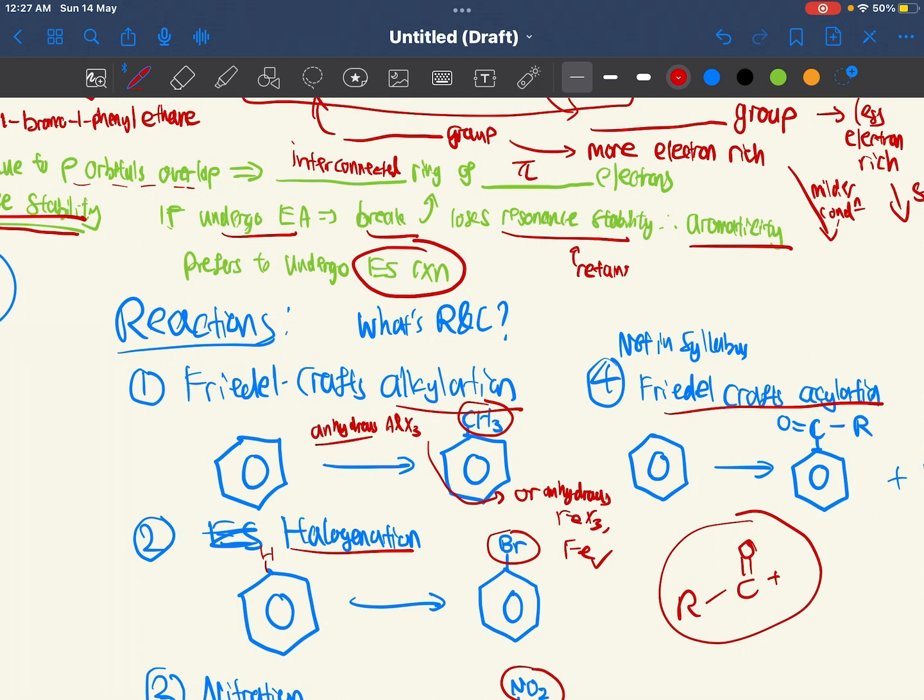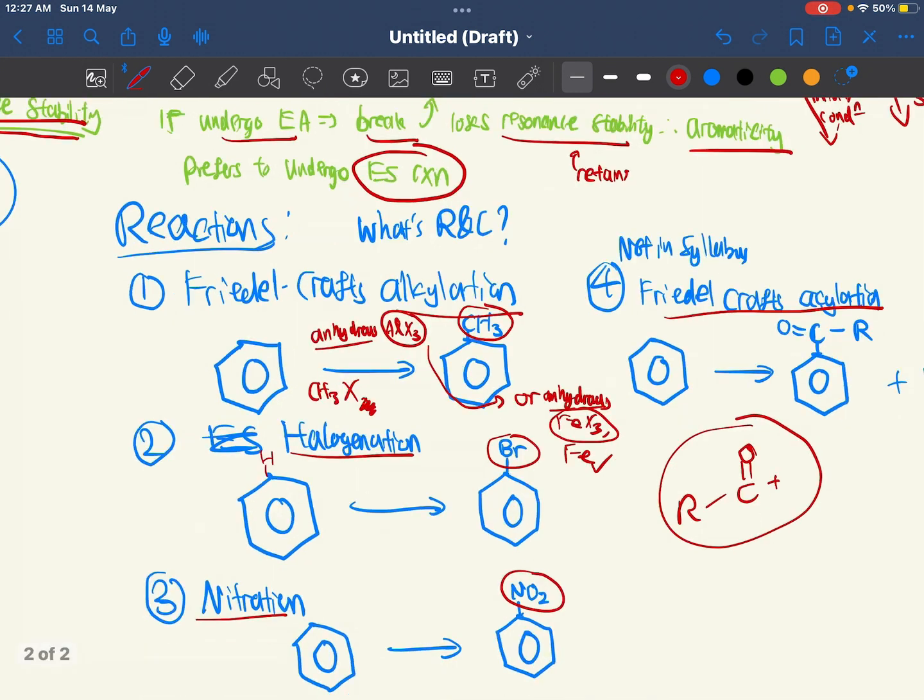This anhydrous condition is very important because if you recall from the periodic table, in aqueous conditions this will hydrolyze readily in water, and then it cannot perform its function anymore. Then of course we need our CH3X for our Friedel-Crafts alkylation.